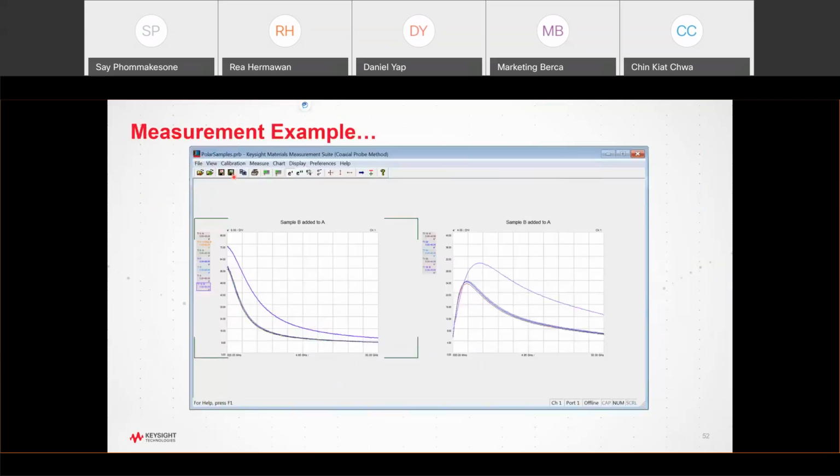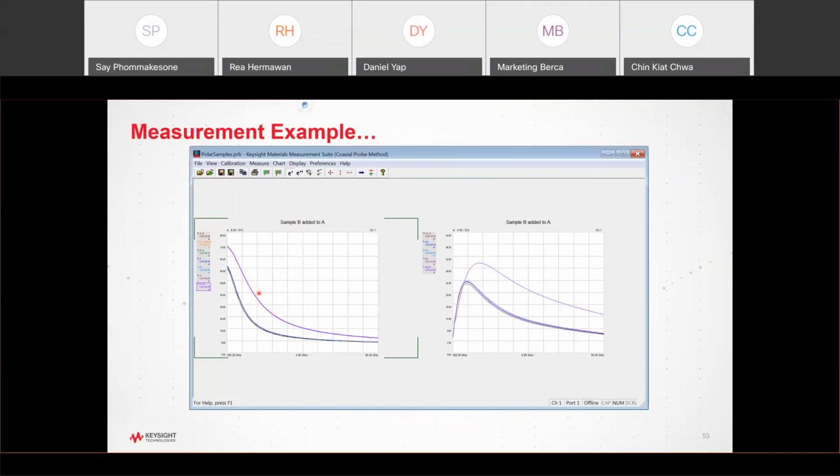This is one of the measurement examples that we use, sample A and sample B. Sample B, I believe, is the purple color, which has more water.